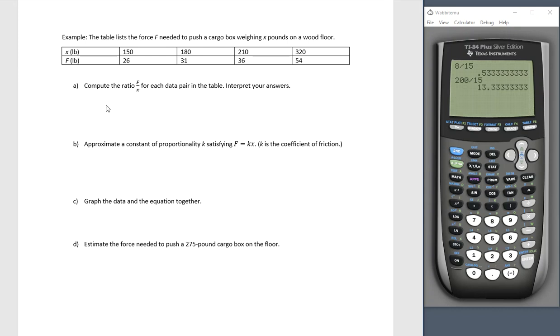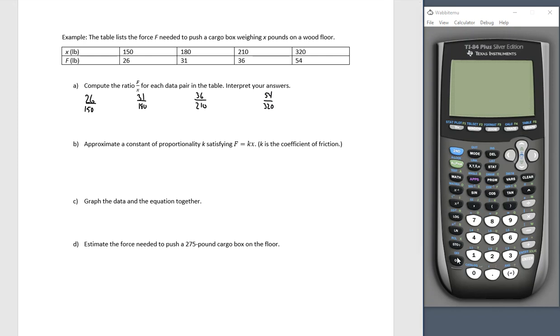Okay, so I want to do just ratios. I'm going to look at F divided by X, as the problem instructs: force of 26 divided by 150, force of 31 divided by 180, force of 36 divided by 210, and force of 54 divided by 320.